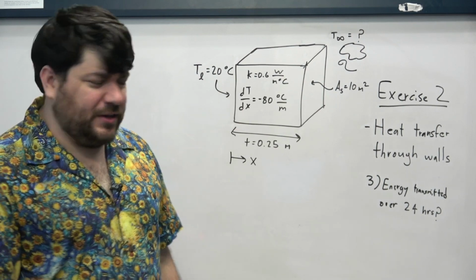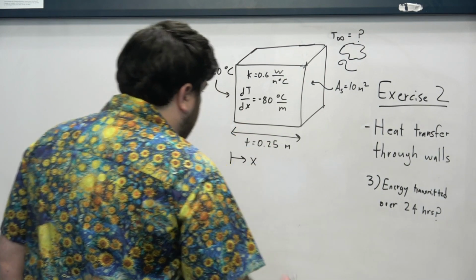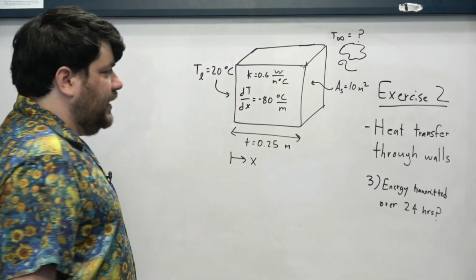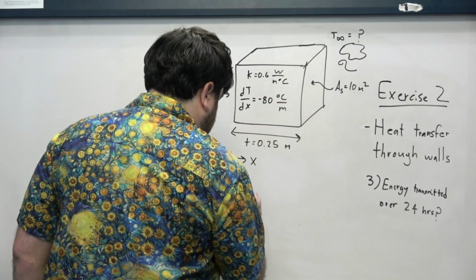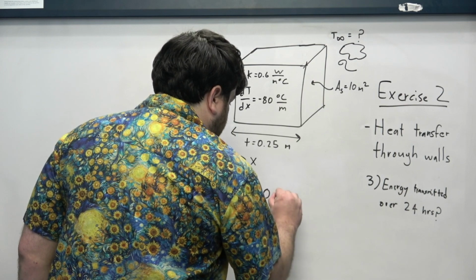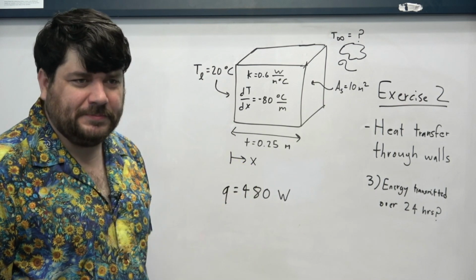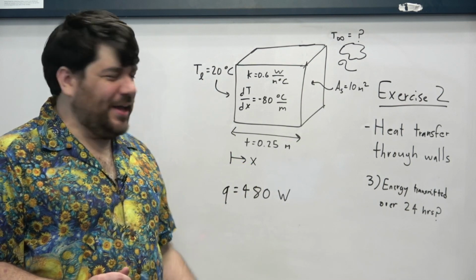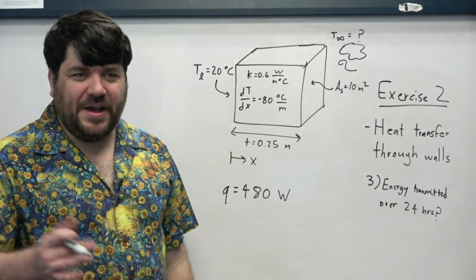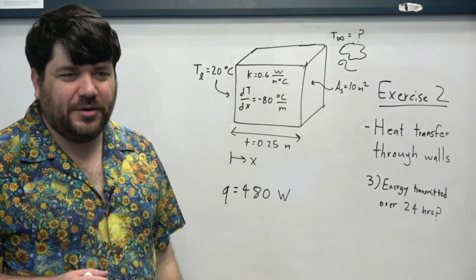All that we have to do is just say, okay, if we know that this wall is transmitting 480 watts of thermal energy from left to right, how much of that energy is going to be transmitted over 24 hours?